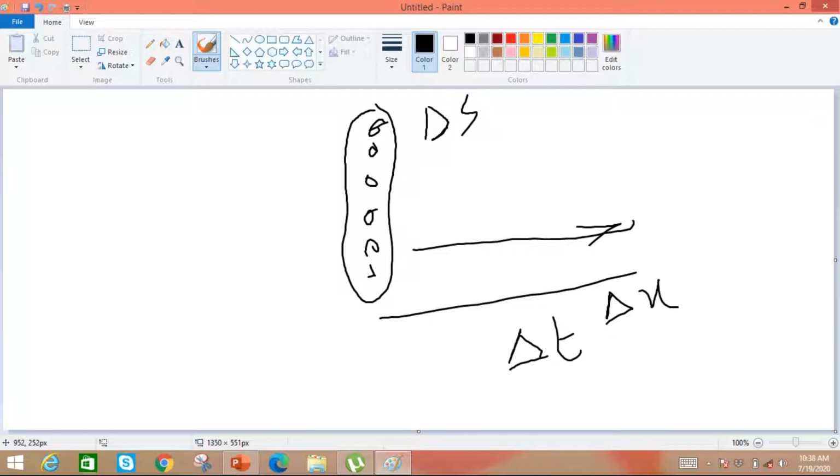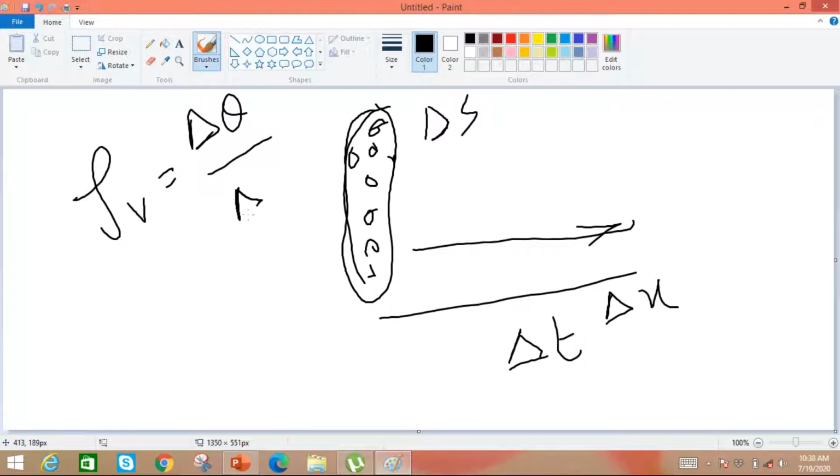So if we take its volume charge density, the volume charge density will be equal to del q, the distribution of charges, by del v. So del q will be equal to rho v into del v, whereas del v is the differential volume.